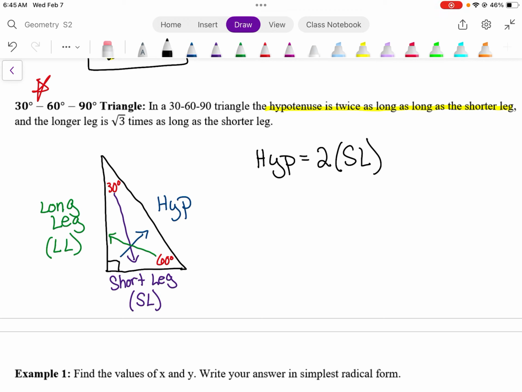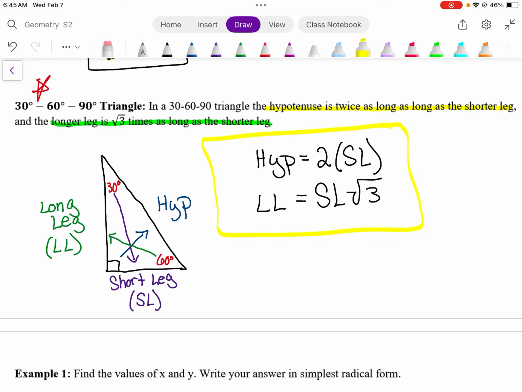And then the next part that we would need to know is that the longer leg is the square root of 3 times as long as the short leg. So LL, our long leg, is equal to the short leg times the square root of 3. And these are the two equations that you are going to need to remember for your 30, 60, 90 triangle.